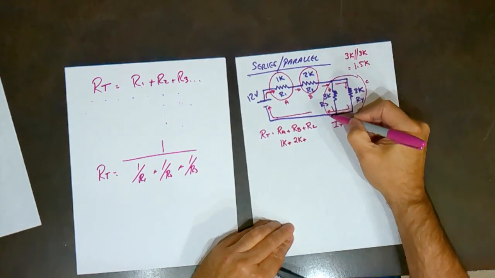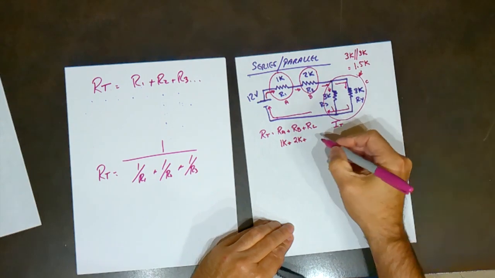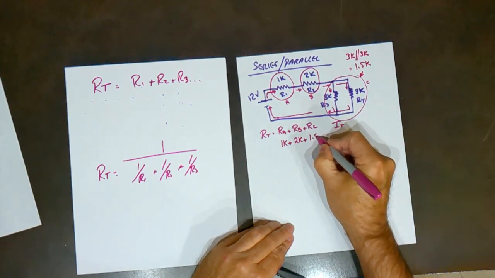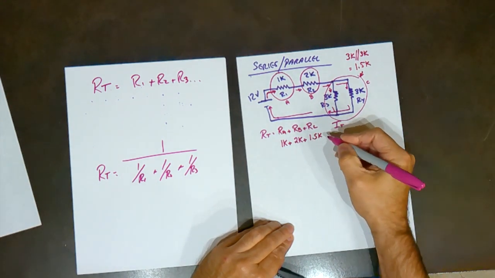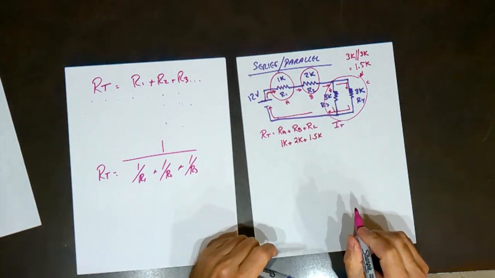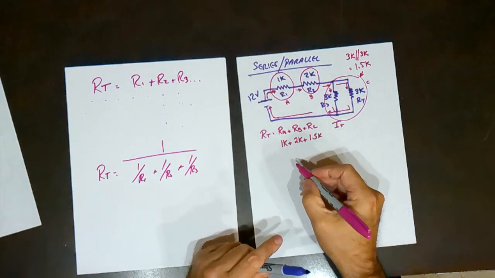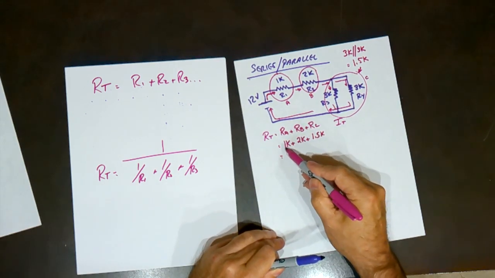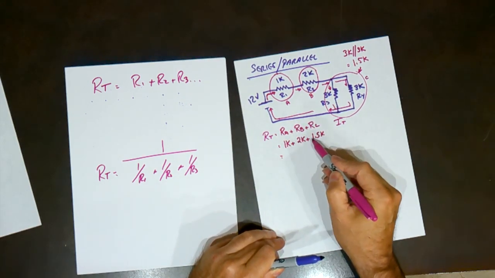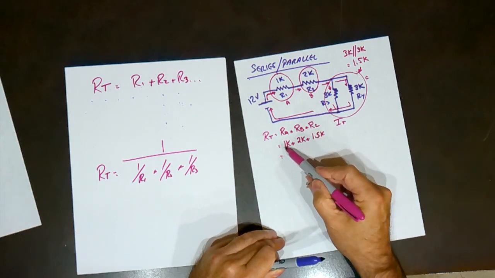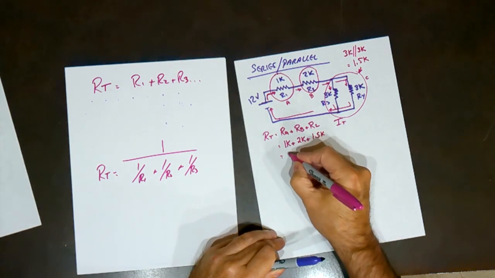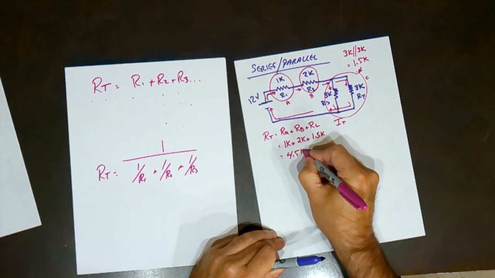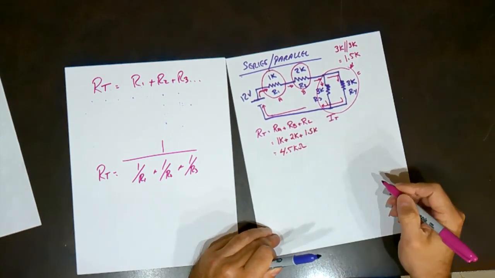So inside that bubble is actually 1.5 kilo ohms. Our total in this case is 1 plus 2 plus 1.5, so it's 1, 3, 4.5. So 4.5 kilo ohms is our total.